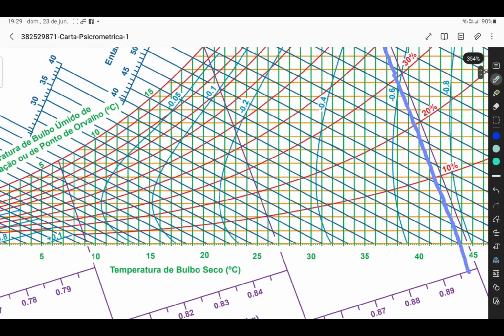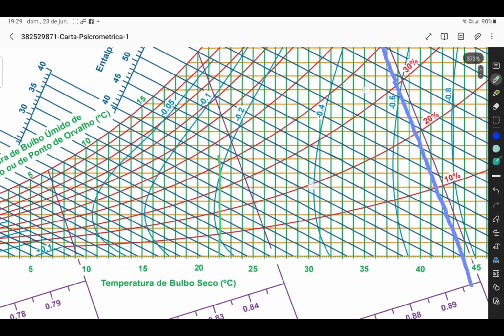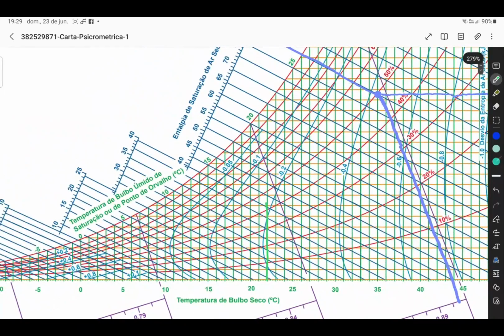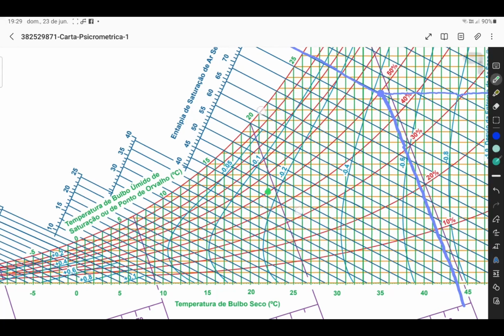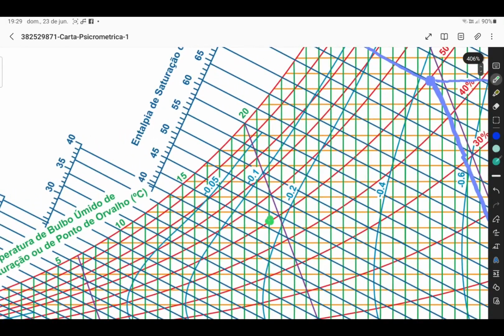So I come here to 22 degrees until I find my 50% curve, which is here. My point is this one, 22 degrees, 50%. What is my wet bulb temperature? I come here, it will give about 15.5 degrees Celsius. My enthalpy gives here 43.5.